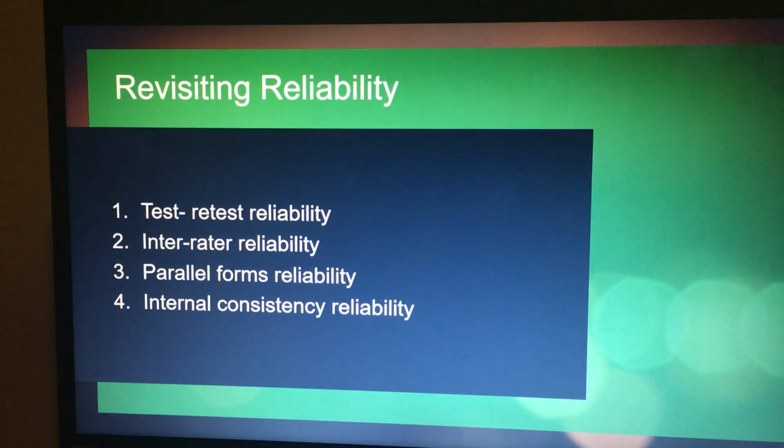So for example, the Statistics Anxiety Rating Scale, or STARS, consists of 51 items that are assigned to 6 different subscales that measure different aspects of statistics anxiety. The test developers computed Cronbach's alpha as a measure of internal consistency for each subscale.